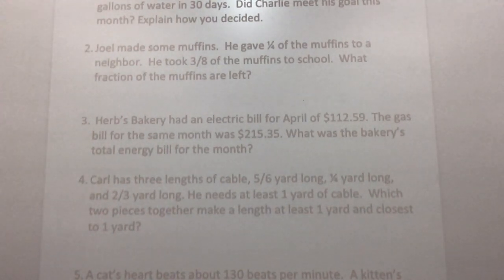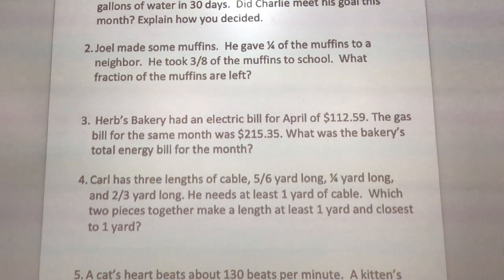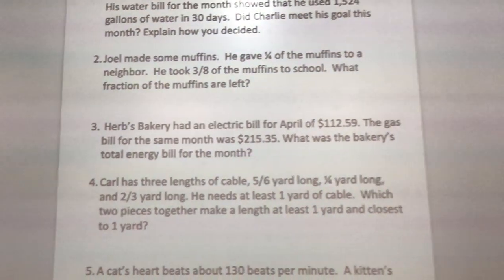Herb's Bakery had an electric bill for April of $112.59. The gas bill for the same month was $215.35. What was the bakery's total energy bill for the month? I want you to use your Bucks method first, and I want you to write an equation and solve all of it. Bucks, equation, solve it.